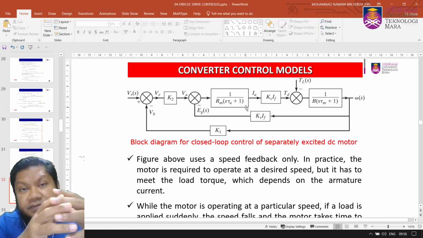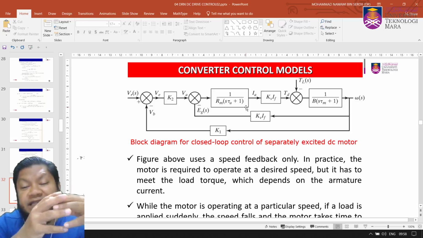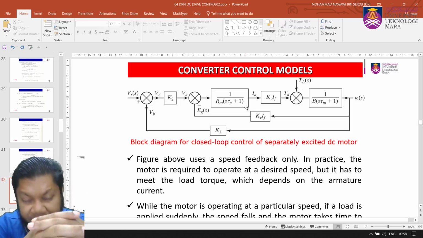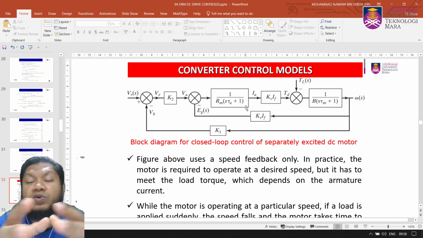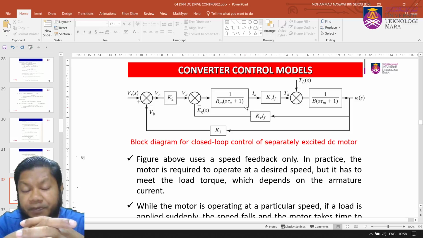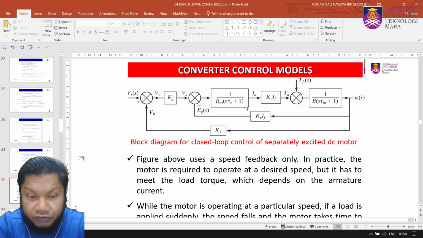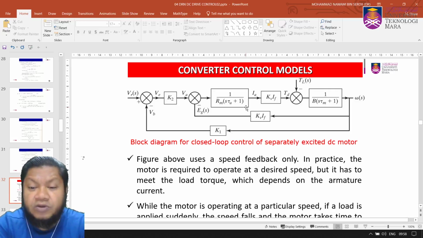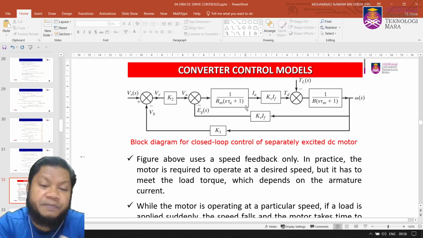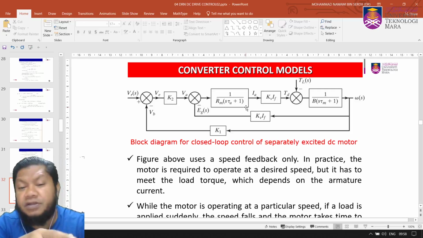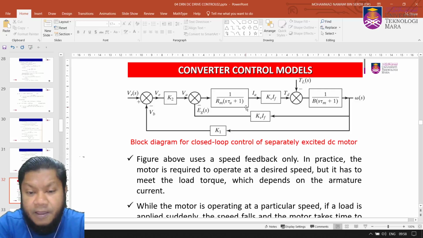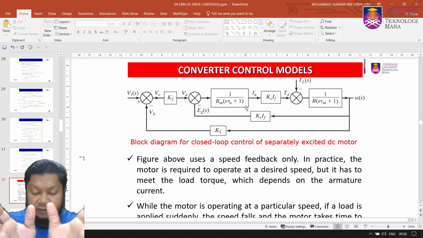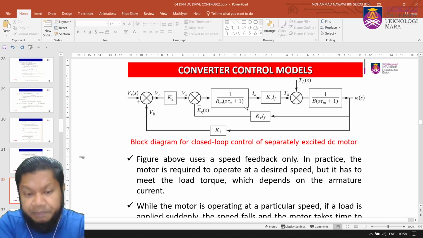There is another circuit known as the compensator circuit that will complete the whole closed loop operation of the motor. Up to this point we do have a closed loop, but it's only for changes in the reference voltage as well as the load torque, in terms of the motor and the converter.